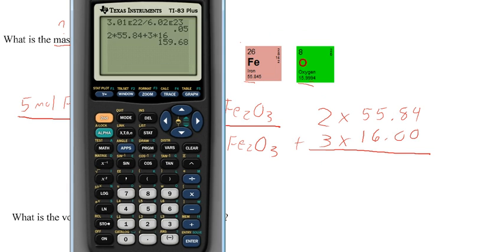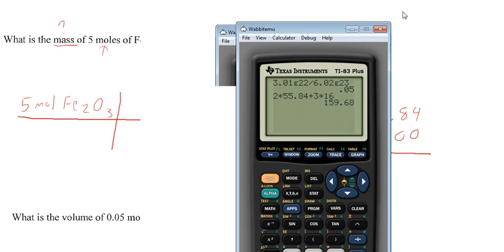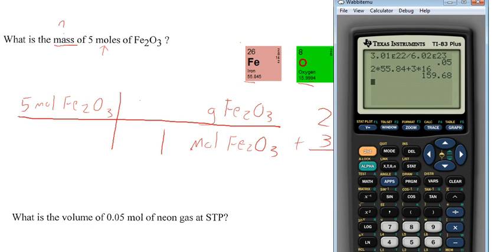And I see here that iron 3 oxide's formula mass is 159.68. So my mole units canceled, and I was left with grams of iron 3 oxide. It wanted to know the mass, which is grams, so I'm ready to solve this problem.